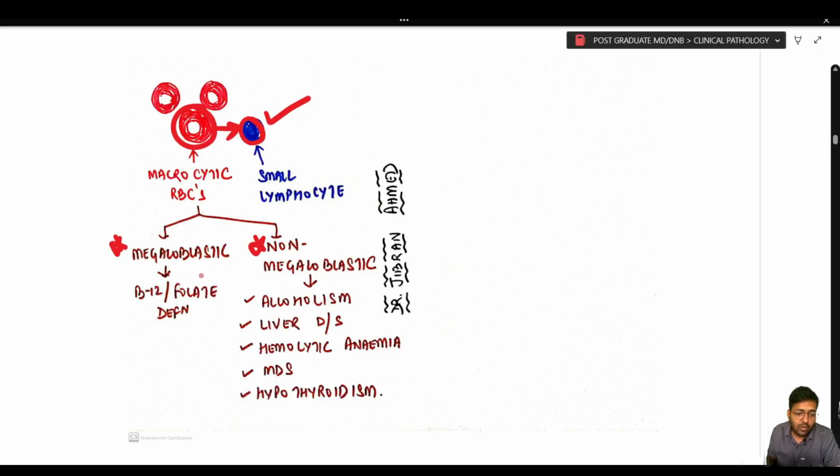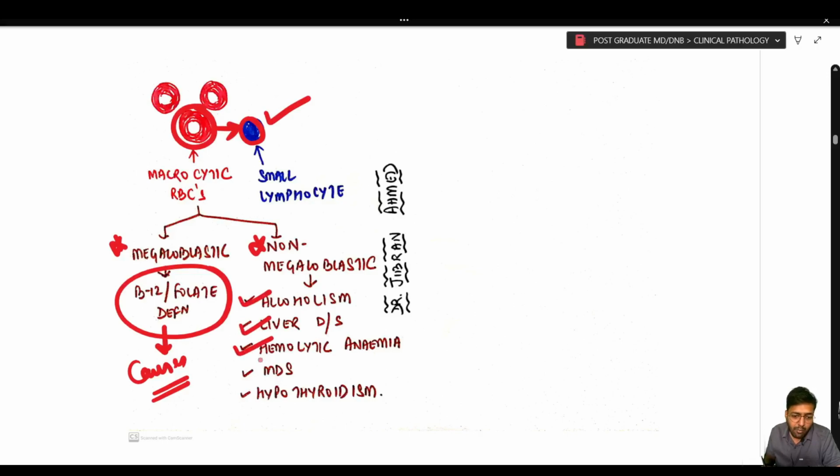Megaloblastic causes include B12 and folate deficiency and all the causes underlying them. What are the non-megaloblastic causes of macrocytosis? Alcoholism, liver disease, hemolytic anemia, hypothyroidism, and also MDS.